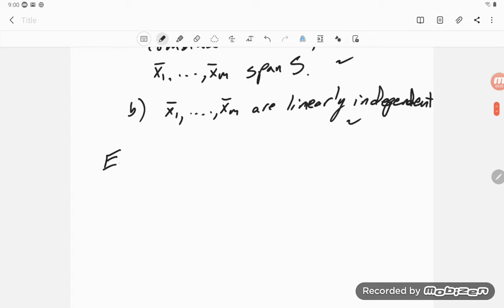So an example, now I don't think they have used this term yet, but an example would be, for instance, the set of vectors E1, E2, and then En.